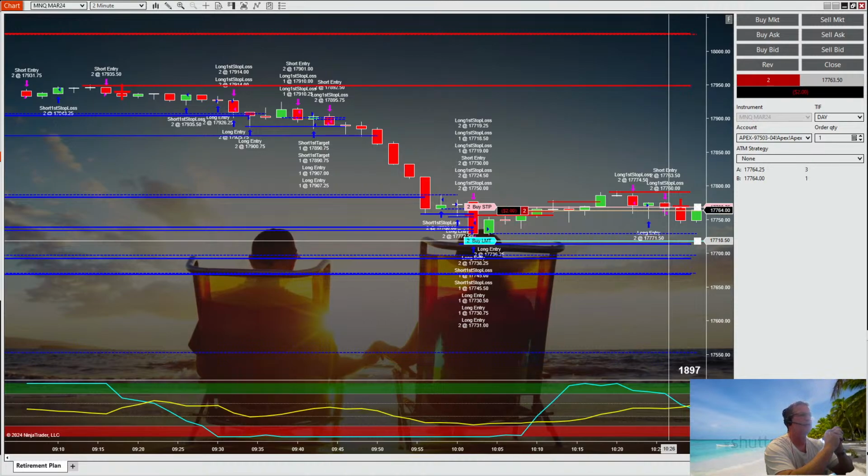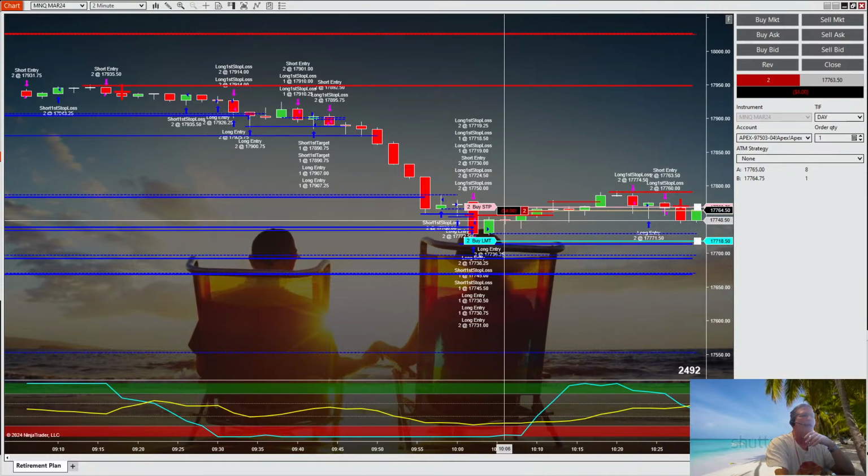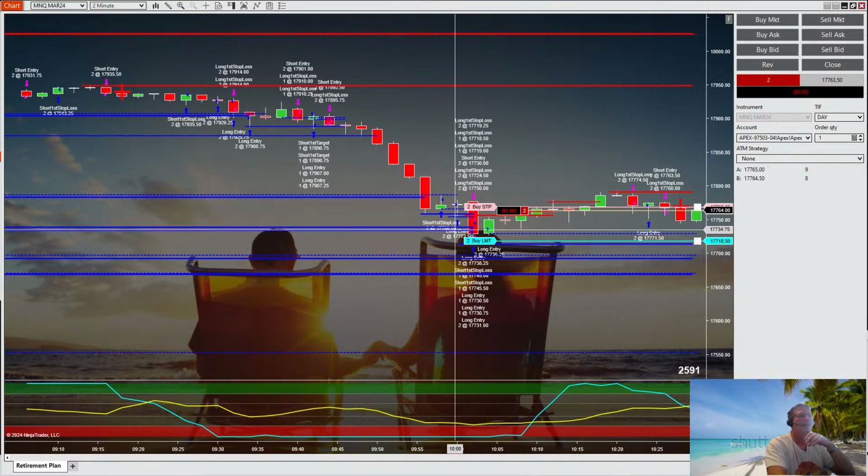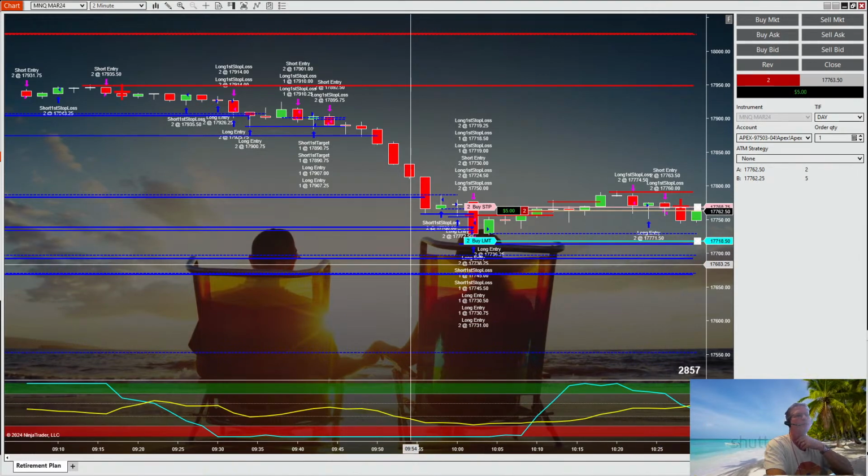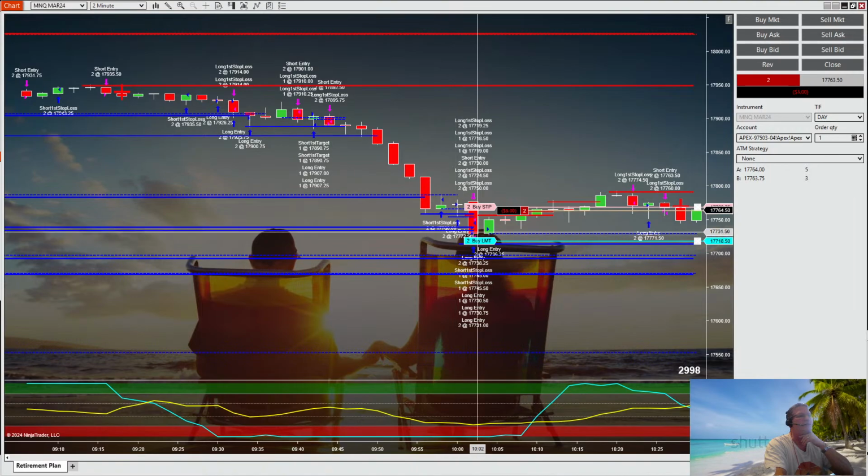I think the NASDAQ might have found its bottom this morning. Who knows? We got some sideways action here for the last 30 minutes. It's kind of in a tight zone here.